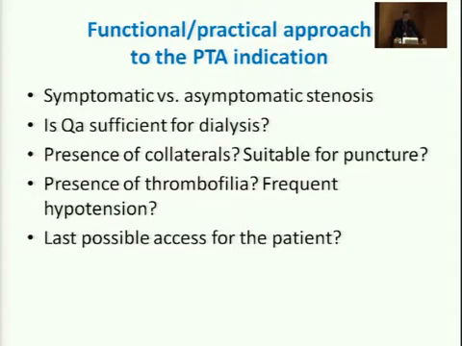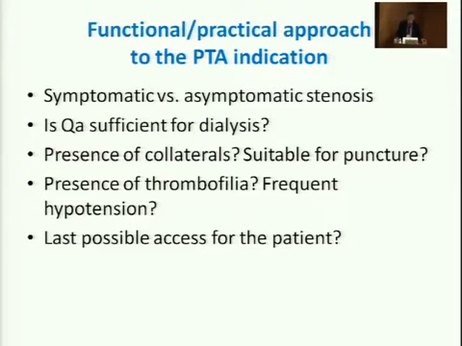Of course, there is some functional or practical approach to the PTA indication, and probably we all use it. The first question is whether the stenosis is symptomatic or not. Symptomatic ones are always or nearly always sent to some therapy. But the question is whether the access flow is sufficient for hemodialysis.